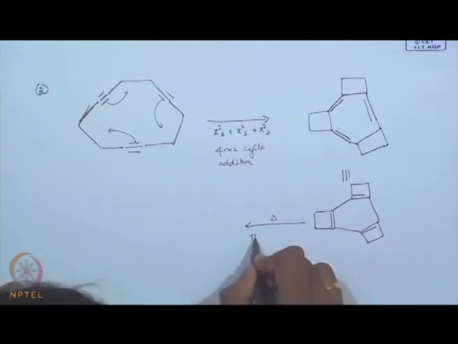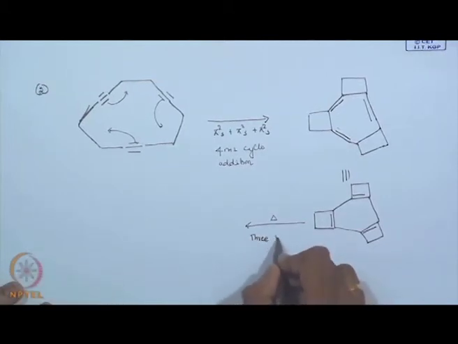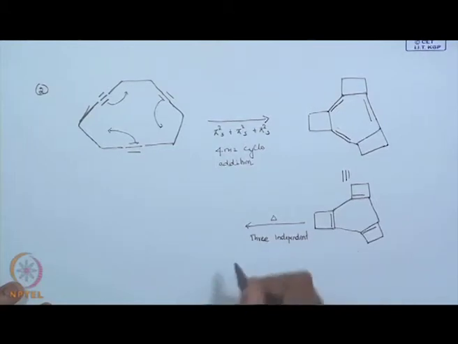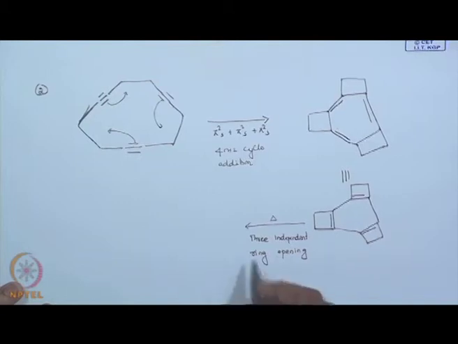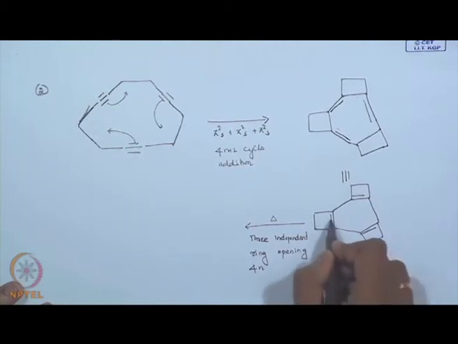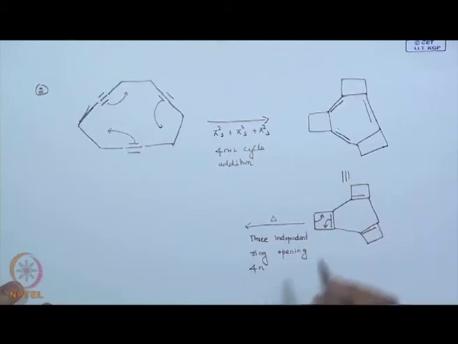So, you will have 3 independent ring openings, 4N. So, you will have 1, 2, 3. How they ring open, fine.